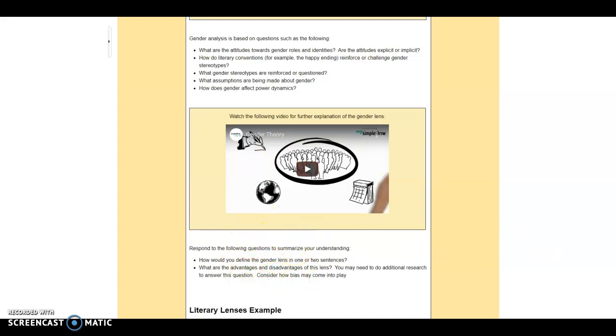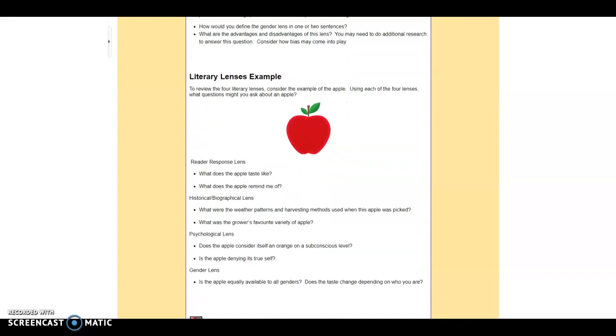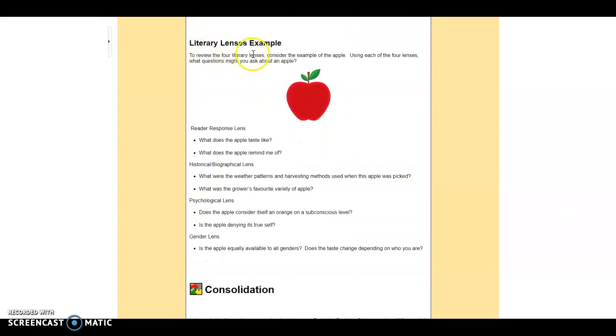as always. I'll give you a very basic example of using the literary lenses, and what we'll do is we won't even look at a story to start with. We'll look at an apple, so an object. And if you were looking at an apple, what would the reader response lens ask? What questions would they ask about the apple?